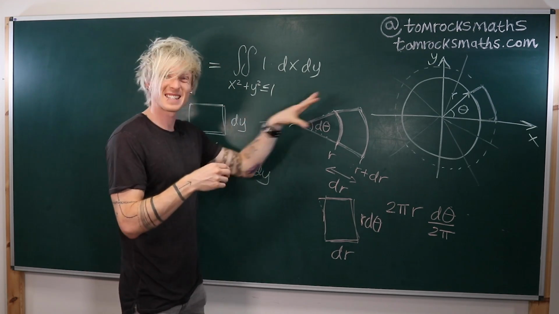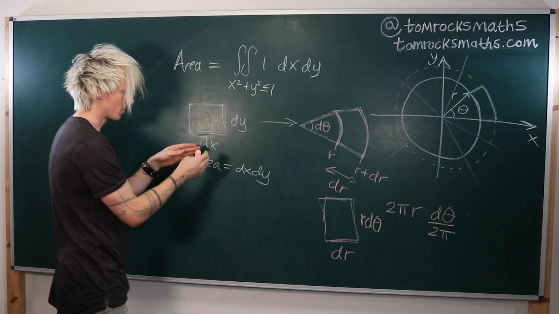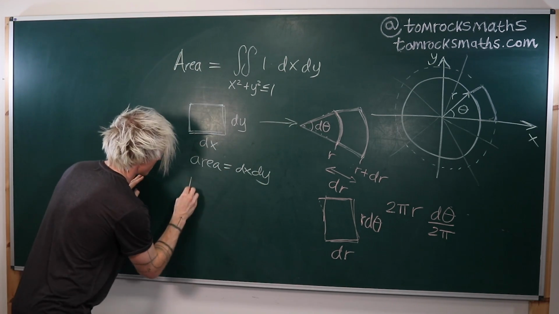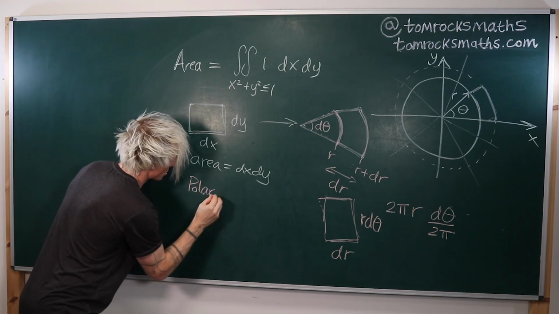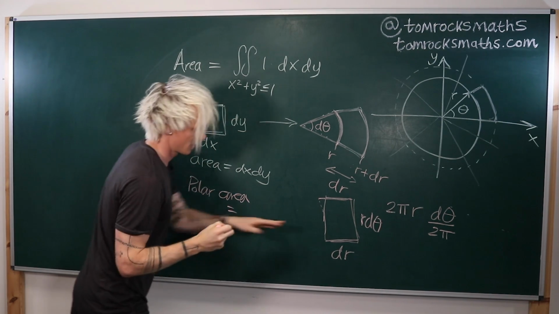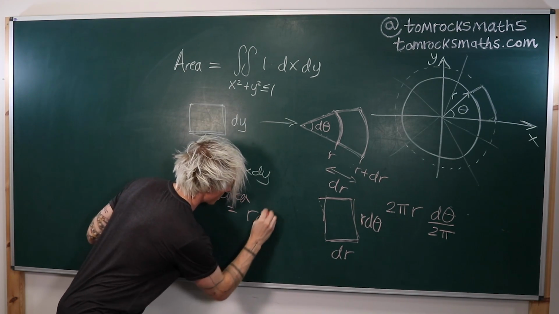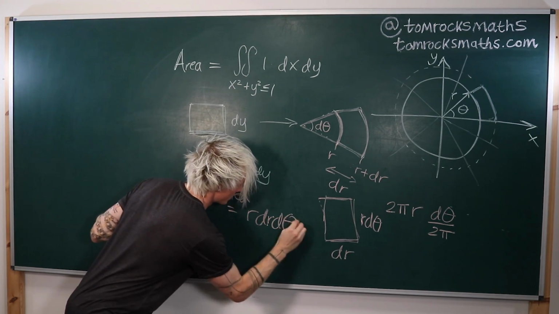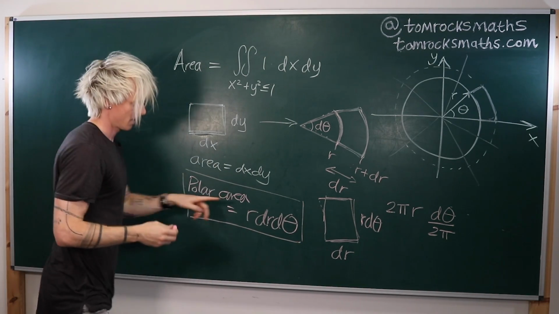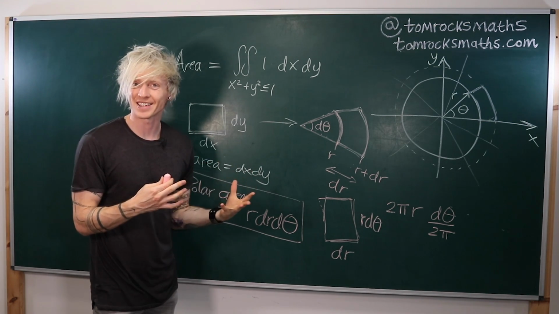So therefore we can say the area in Cartesian coordinates, given by dx dy, in polar coordinates is actually transforming into dr r d theta, or as I'm going to write, r dr d theta. And this factor of r here is going to be our stretch factor.